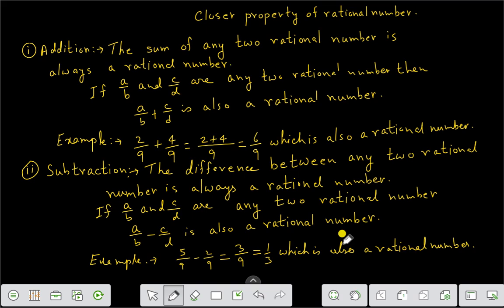Right? Let us now deal with multiplication of rational numbers.